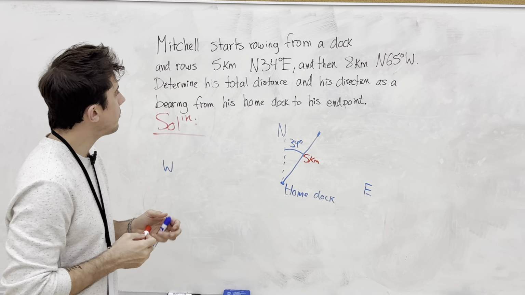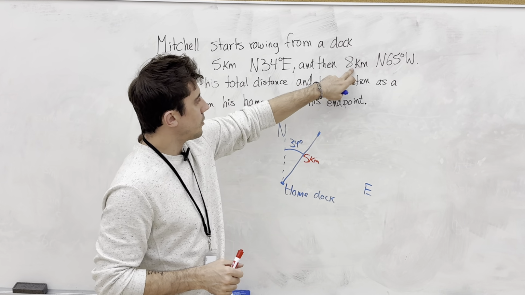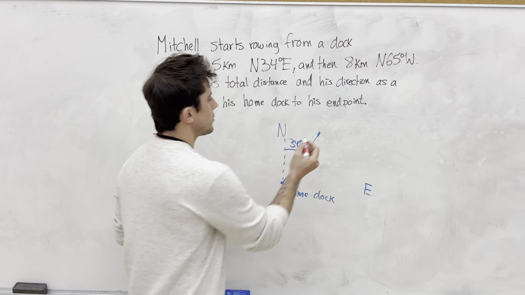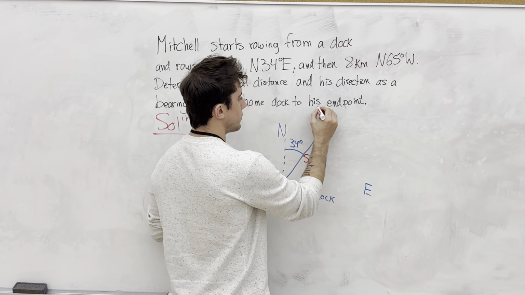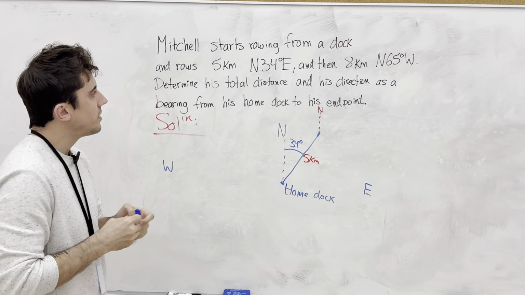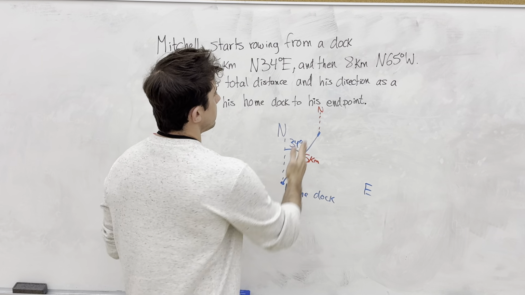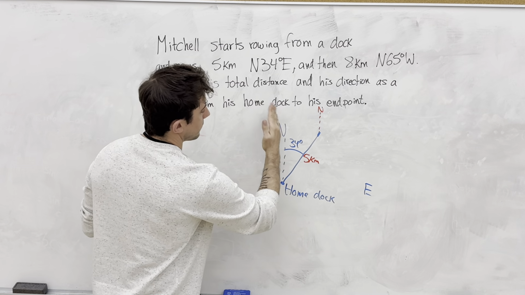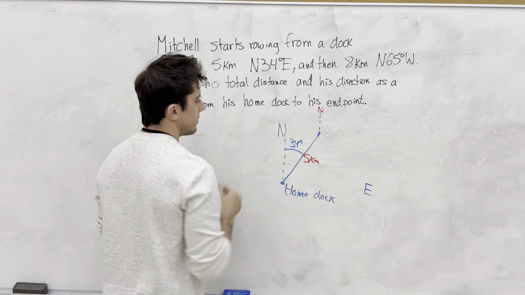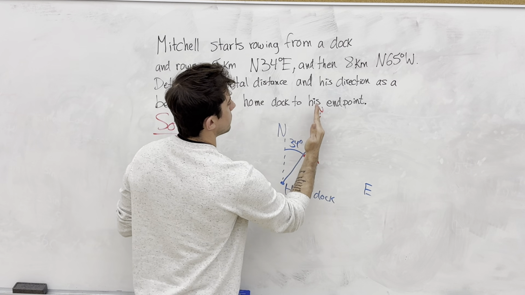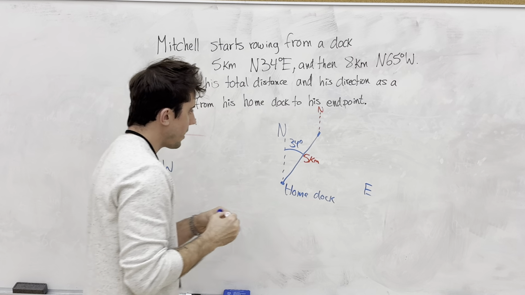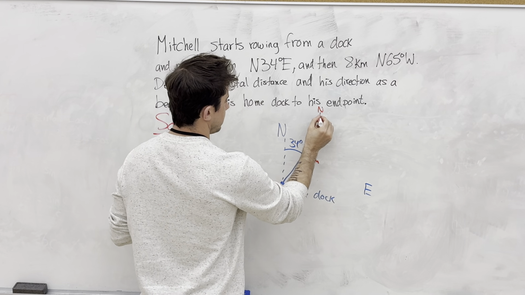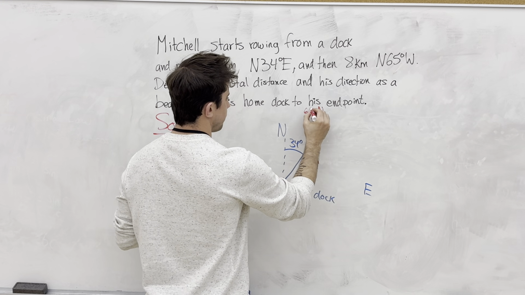Okay. Now, from that point, he then goes 8 kilometers north, 65 degrees west. So from this point again, north would be straight up ahead. So he's gonna go north and then 65 degrees west. So that 34 degrees east was north and then 34 degrees towards the east. Now we're gonna go north 65 degrees towards the west. And so his second travel point is gonna be something like 65 degrees, something like that.